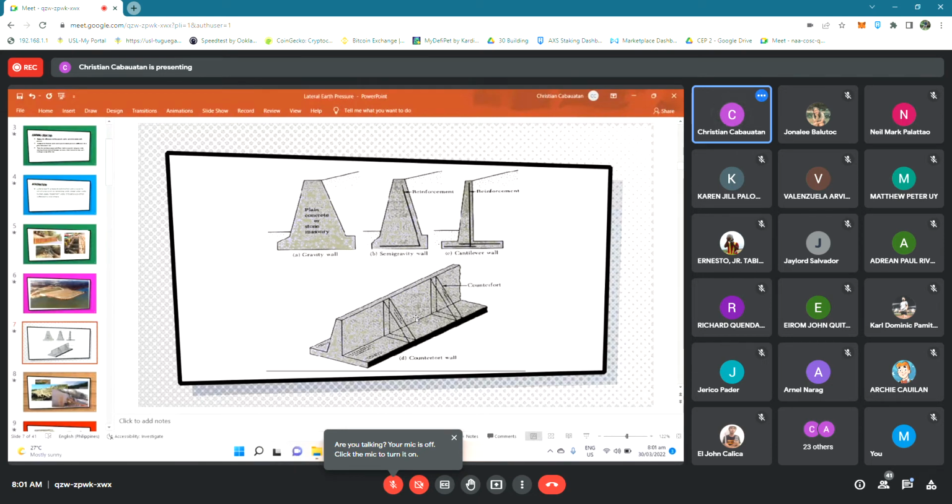And the third one would be the cantilever wall. The cantilever wall is the most popular because it is just a thin version of your semi-gravity wall.